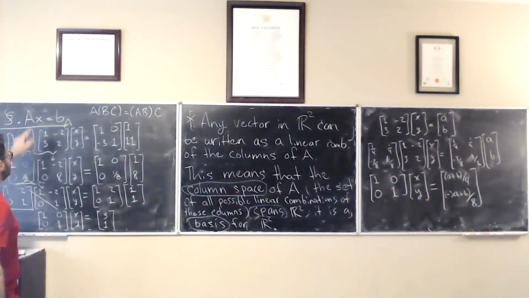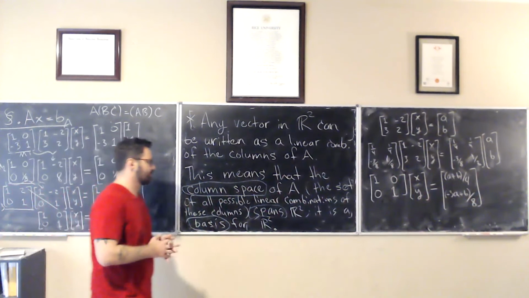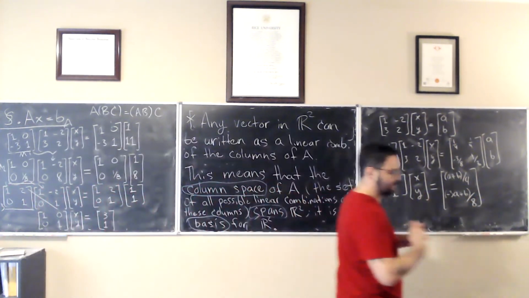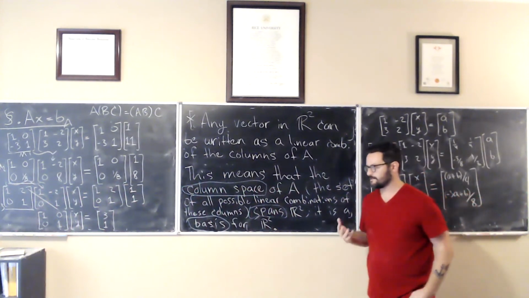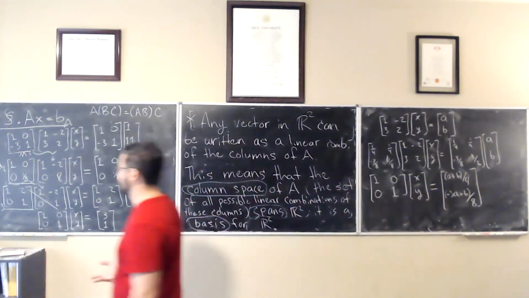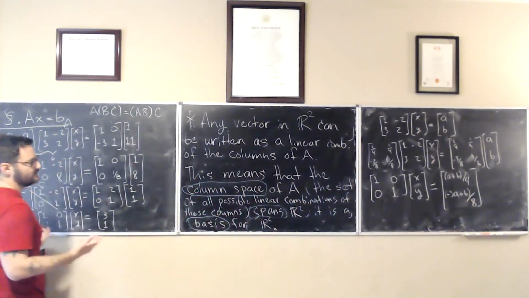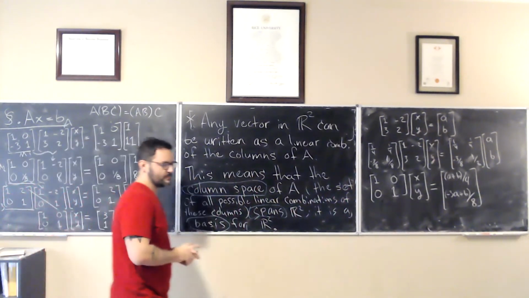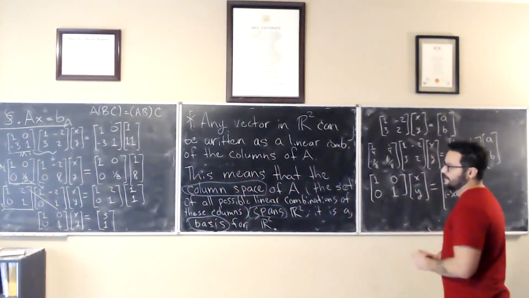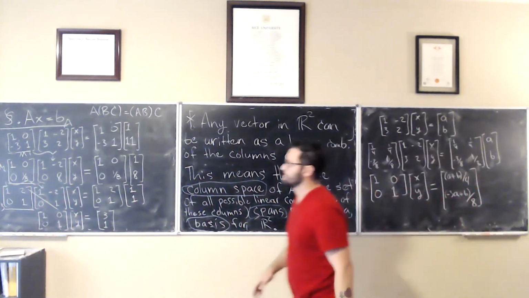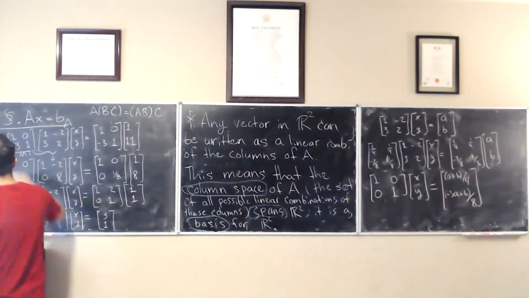And if the columns are a basis or span the space that they're in, then that means you can always find a solution. But when do they do that? When do they not do that? When can they not do that? This is a fundamental question, and it's like half of all of linear algebra, so understanding that.